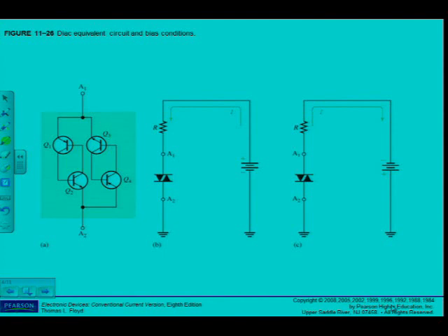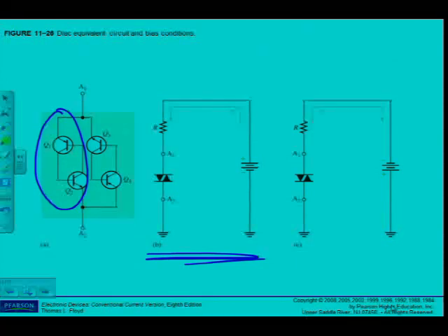In the equivalent circuit, Q1 and Q2 are forward biased, and you can see here, for this section, Q1 and Q2 forward biased, Q3 and Q4 are reverse biased. The device operates on the upper right-hand portion, remember, the same as the normal 4-layer diode that we've discussed, of the characteristic curve in figure 11-25 under these bias conditions.